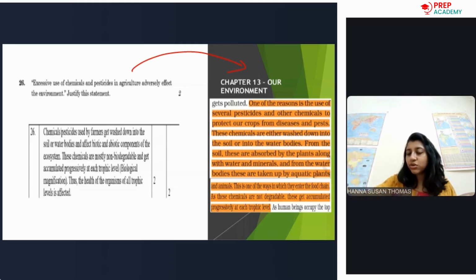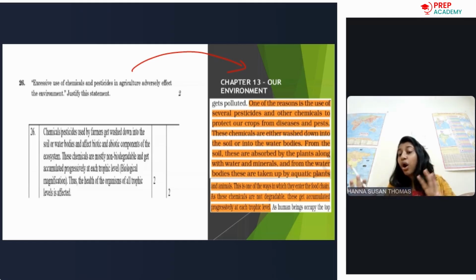From the soil they are absorbed by the plants along with water and minerals, and from the water bodies they are taken up by aquatic plants and aquatic animals, right? That means they have literally entered into our food chain or food web as a whole, right?